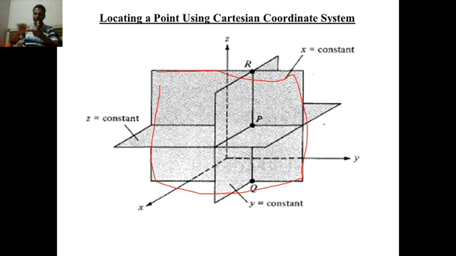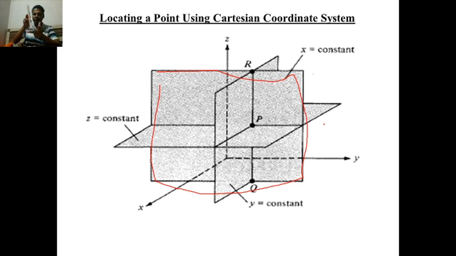For example, this is x axis, this is y axis, this is z axis. For example, here is 0, 1, 2, x equal to 3, x equal to 4. Suppose here is x equal to 3, then if I introduce a plane surface like this, then it will be my x equal to 3 plane. Why?